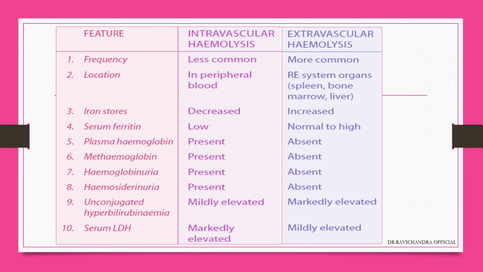As there is hemolysis, there will definitely be unconjugated hyperbilirubinemia in both intravascular and extravascular hemolysis. But unconjugated hyperbilirubinemia will be markedly elevated in extravascular hemolysis. Coming to serum LDH, it is markedly elevated in intravascular hemolysis when compared to extravascular hemolysis.